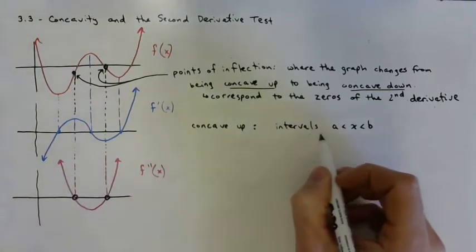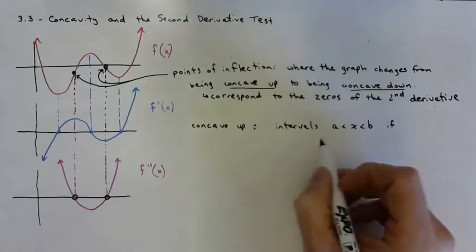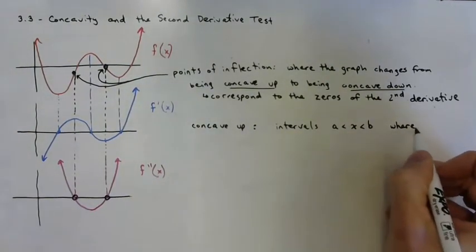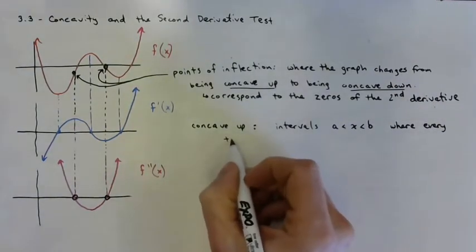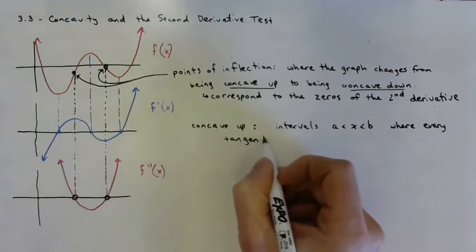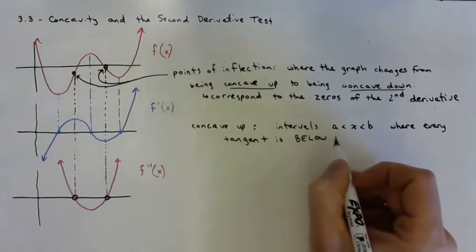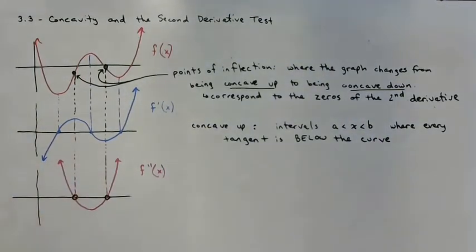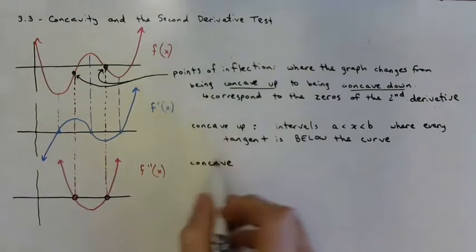And it's concave up in an interval where every tangent is below the curve. What does that mean? I'm going to actually give the definition for concave down first, just because of the way my notes are lining up.